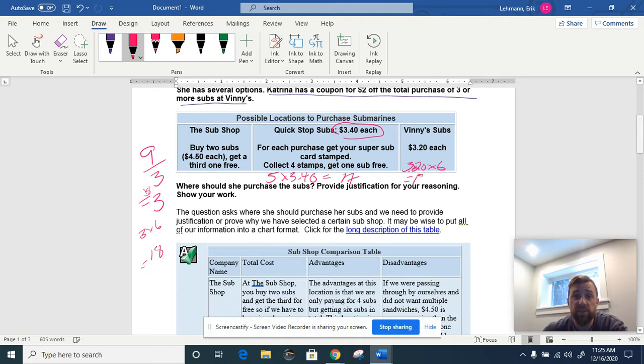So that's going to be $19.20 minus $2 equals $17.20. So here we go. You'll notice we got $17, $17.20, and $18 for the 6 subs. So we figured out the total cost. They're all pretty close, right? Within $1 of each other.